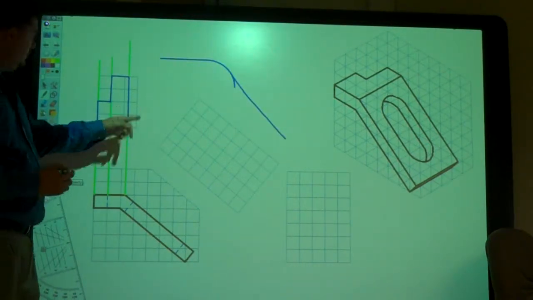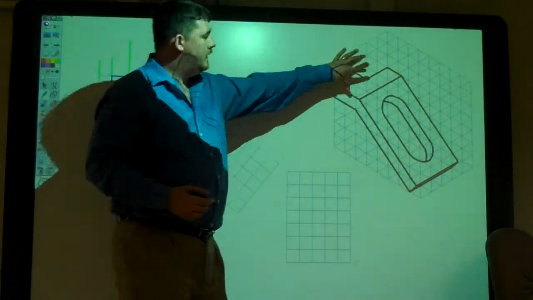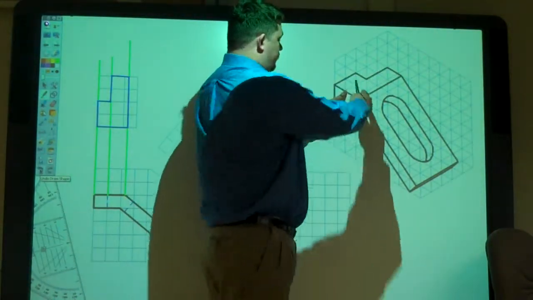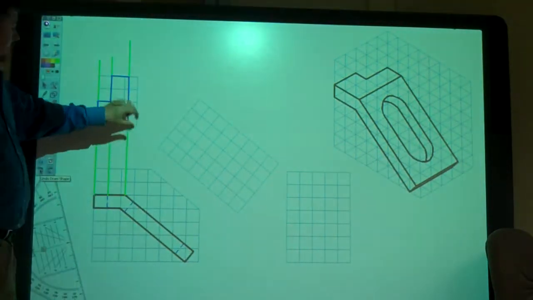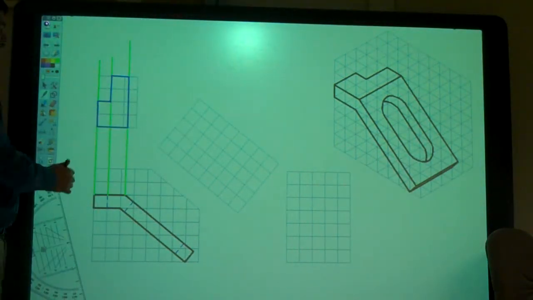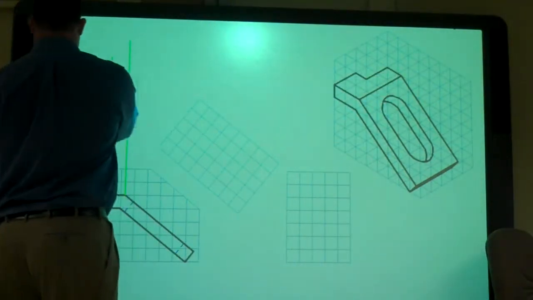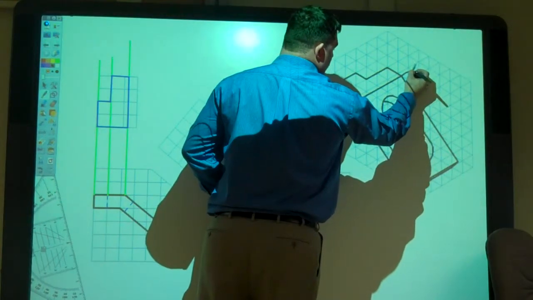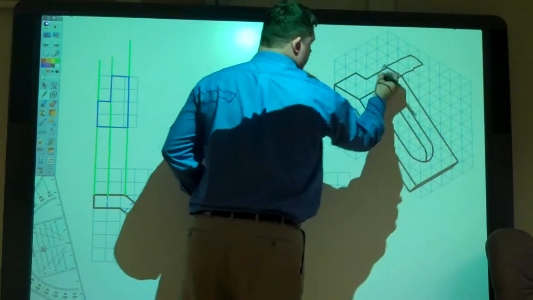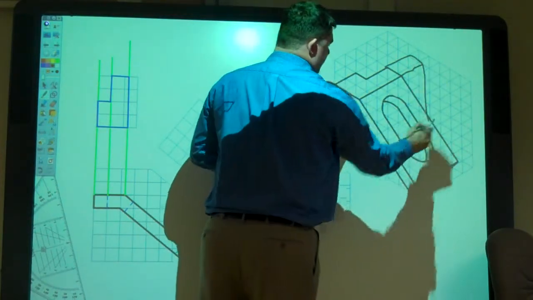We could also make this if these weren't the same length, so if this was shorter or longer, I could make part of it here. So let's say this was an extra 2 over there. Say it was like that. And then this one straight down like that.